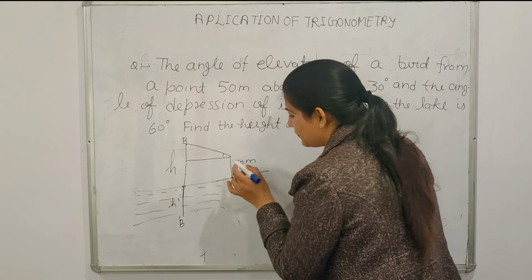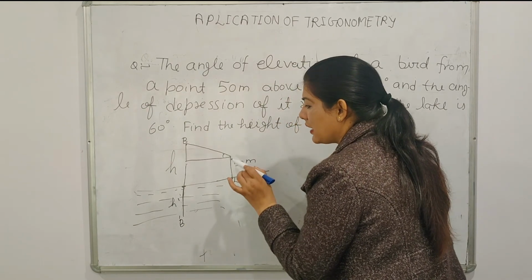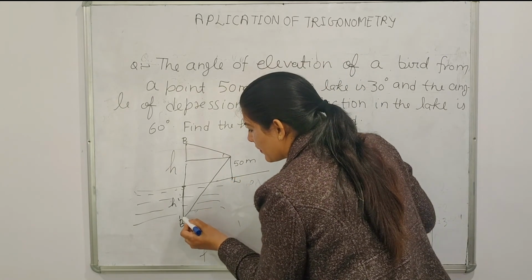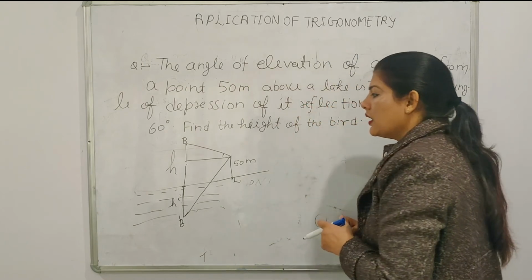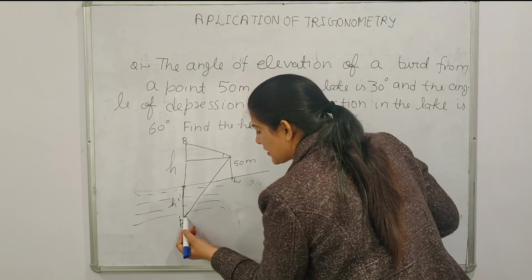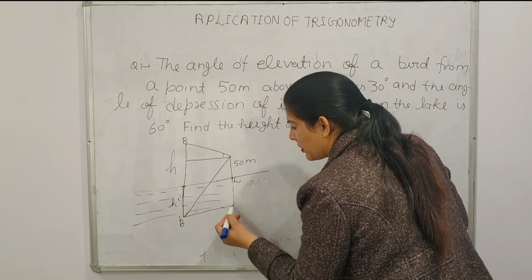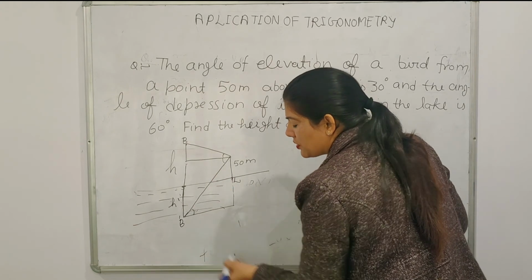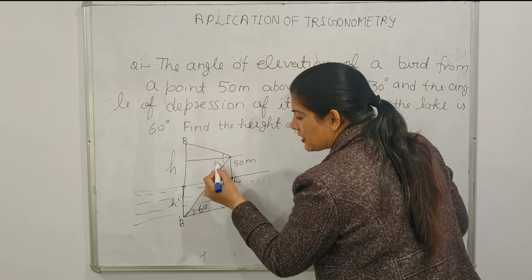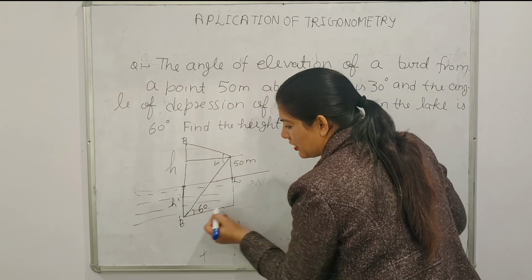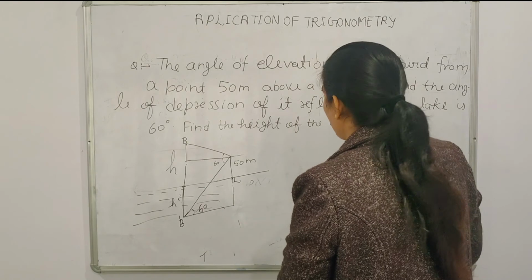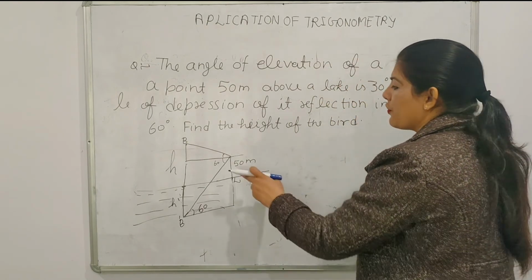From this observer, he makes the angle of depression, which is 60 degrees, so this angle is 60 degrees, because the angle of depression is equal to the angle of elevation. Now we have to find the height of the bird from the ground, so we have to find h.